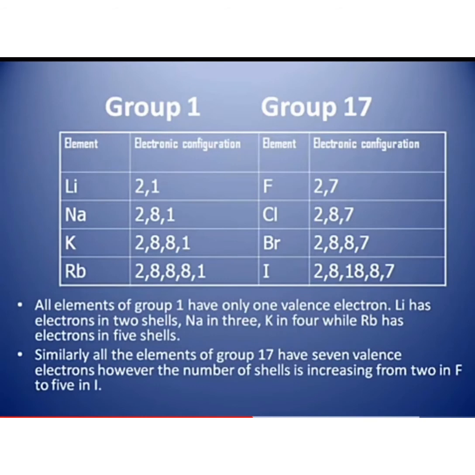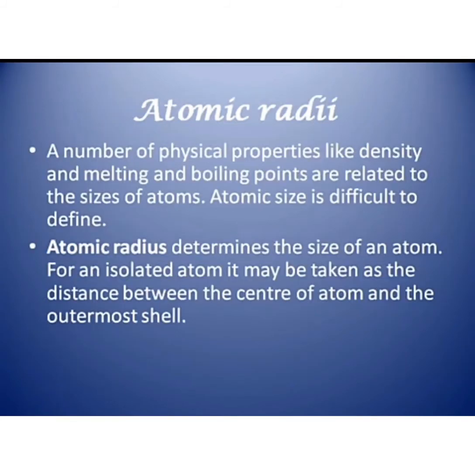In a group, the number of valence electrons remains the same. The valency also remains the same in the group. For example, in group number 17, the number of valence electrons is 7 in each case, whereas the valency is 1 in each case.